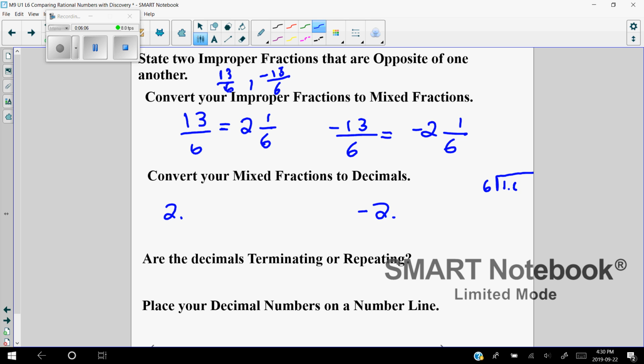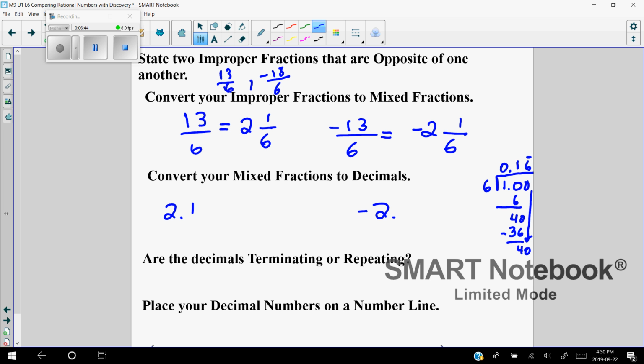So I can't take 1 and divide it by 6, so I need to add a decimal in. 10 I can divide by 6 one time to get me 4 left over. 4 I'm going to bring down a 0 and go 40 divided by 6. 40 divided by 6 goes evenly 6 times with the number 36, and then we're going to have 4 left over. So the same thing is going to keep happening. We're going to keep having 40 left over, which tells me it's going to be 0.16 repeating.